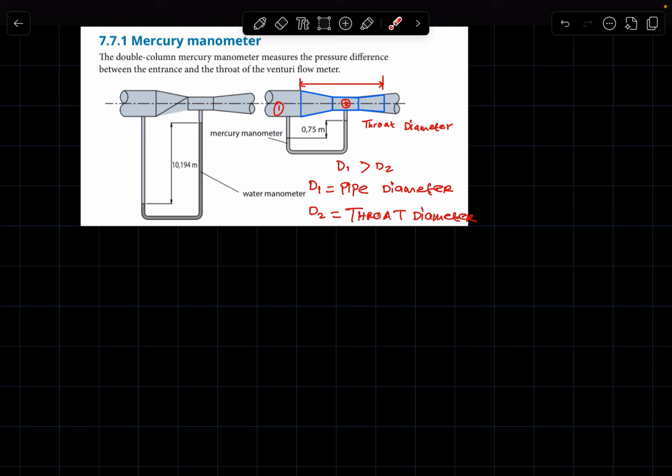That is to say that it's not always the case that mercury is used or that water is used. The reason why we do use mercury, though, is that when using a different fluid, they found that the reading of the pressure head difference between the 2 points of interest isn't as accurate as when using a mercury manometer.